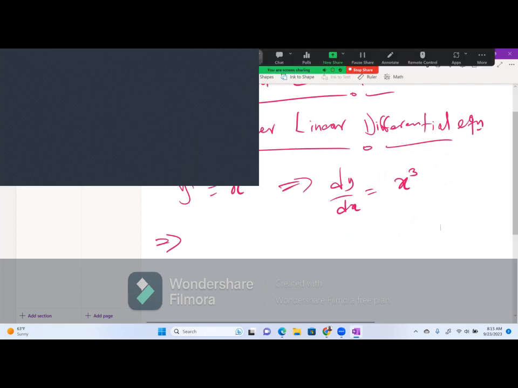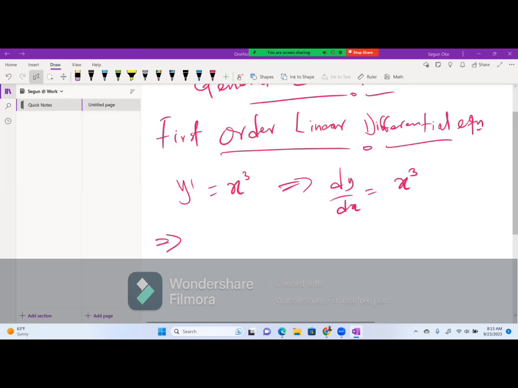So in this case, what do we need to do? Very simple: we cross multiply. We say dy equals x cubed dx.